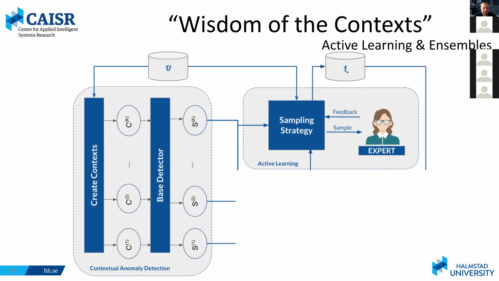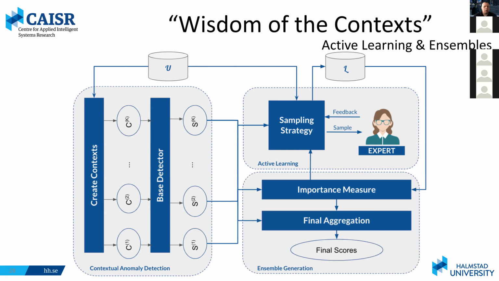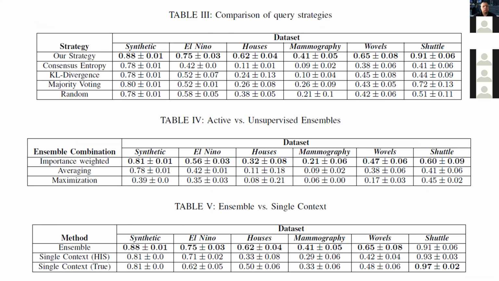So we have those examples or the results where we basically can show that if you want something like this to work, you need to find the right query strategy. And if you look at the typical query strategies from active learning, they will not really work very well because of how imbalanced the anomaly detection data is.